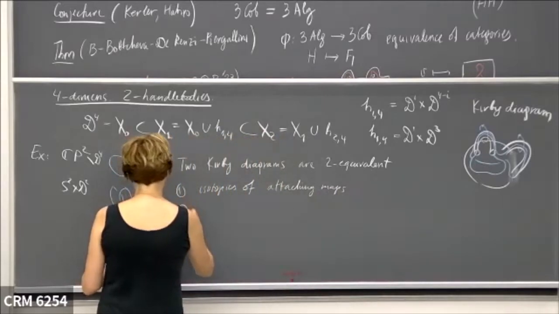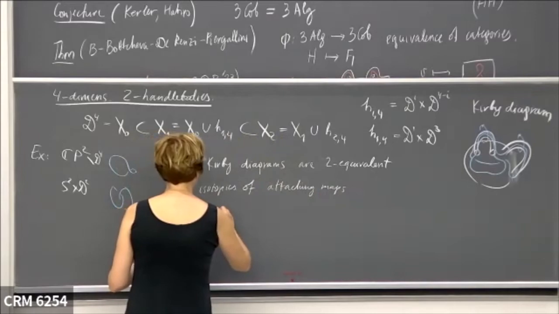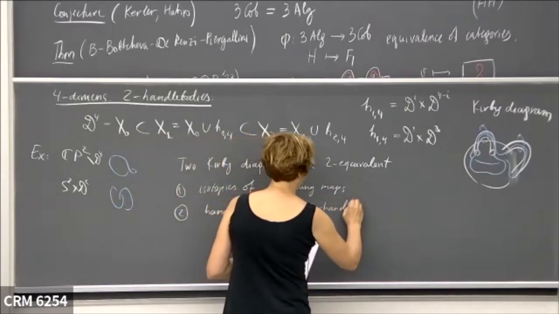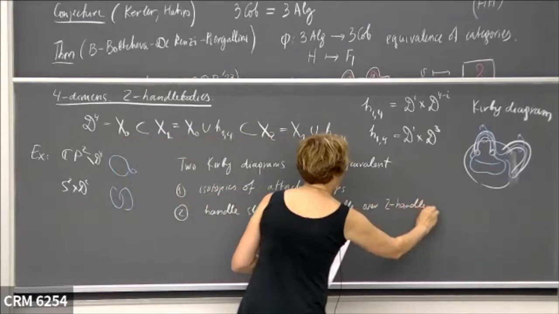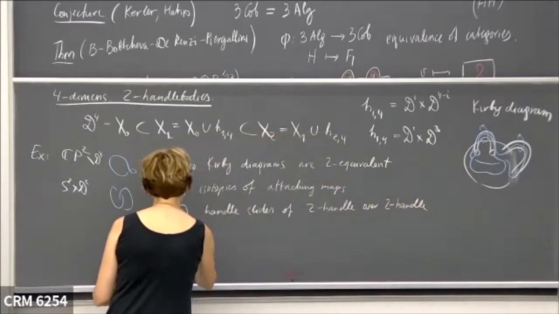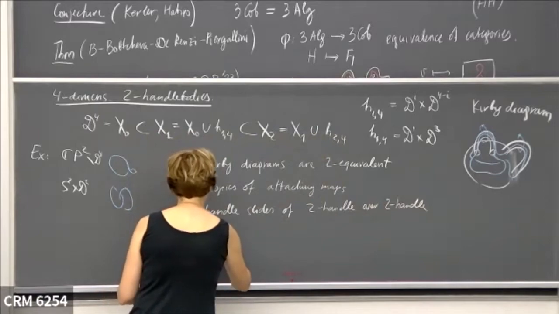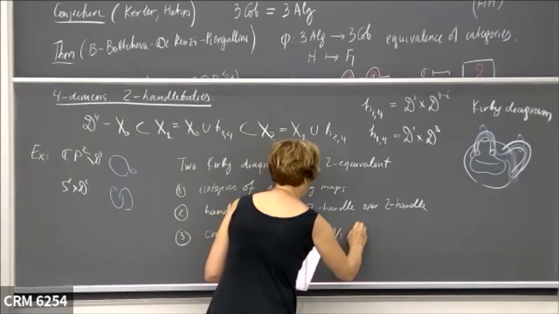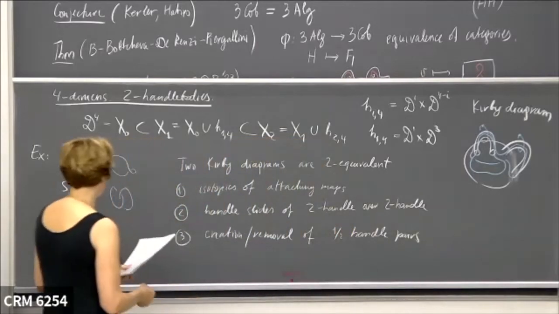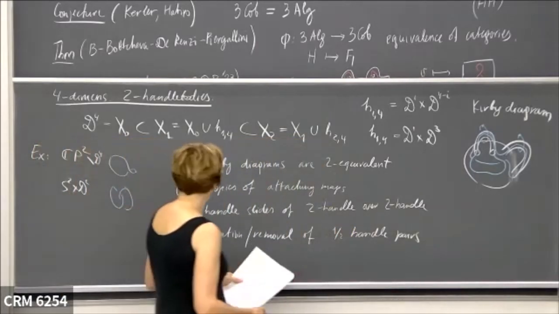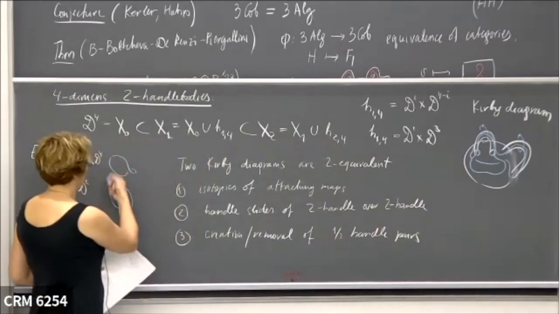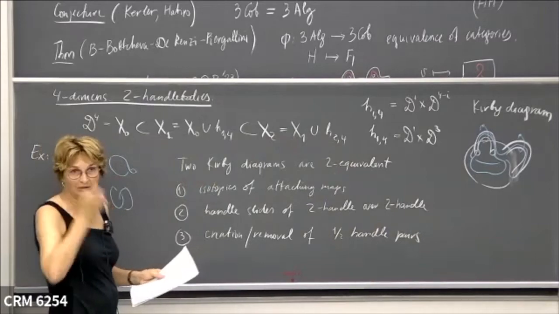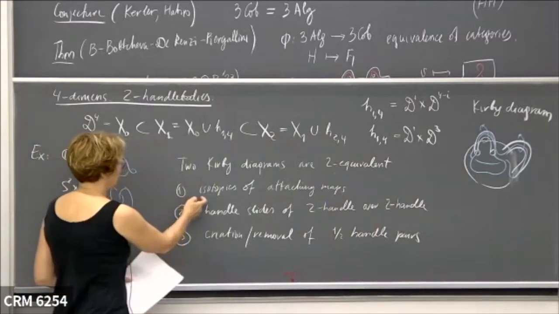Then handle slides of 2-handles over 2-handles. And the third one is creation and removal of 1-handle pairs. Topologically, this means we always consider the diagram up to isotopies, which are generated by Reidemeister moves and planar isotopies. So this is not a problem.